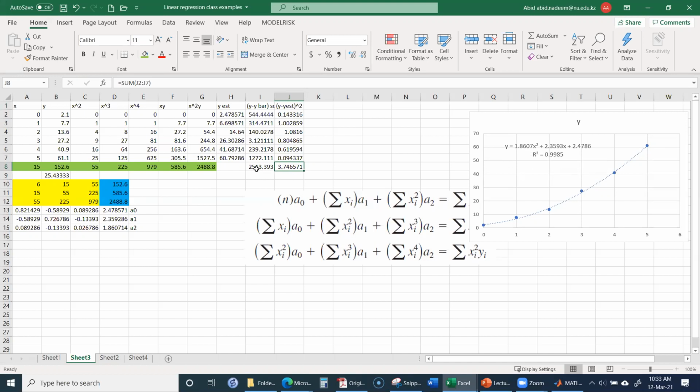It is calculated like this: this value minus this value, and then divided by 2513. So it will be 0.9985. This shows that 99.85% of the points have been determined with certainty in this case.